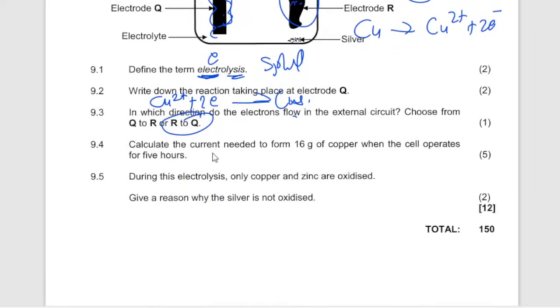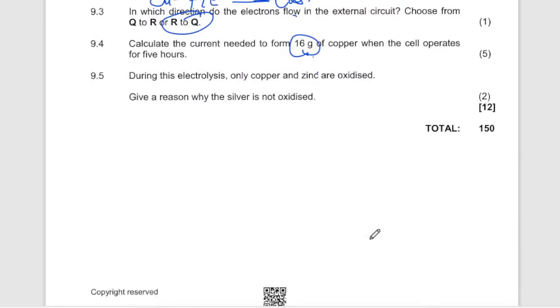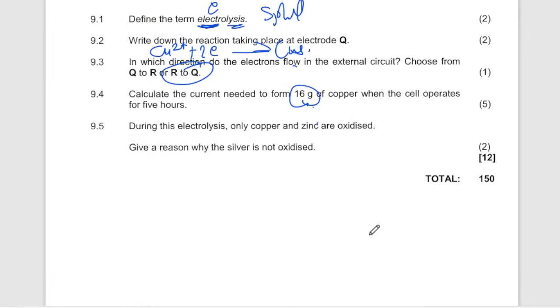Then you're asked to calculate the current needed to form 9 grams of copper when the cell operates. You have different methods you can use, but you can also use first principles.